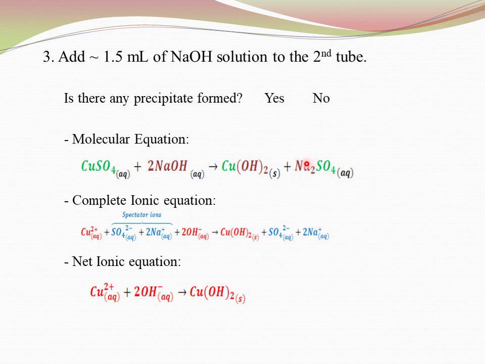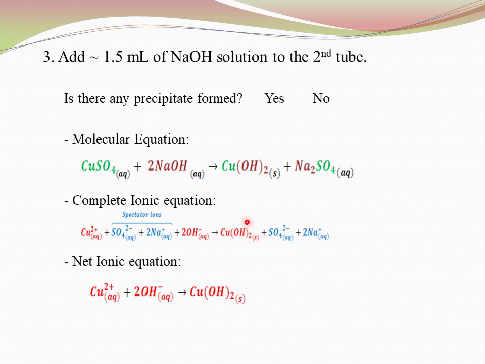I have 2 sodium, so 2 Na plus and 2 hydroxide, 2 OH minus, aqueous. Produce copper hydroxide, an insoluble solid, so write it as it is, solid, plus sodium and sulfate: 2 Na plus and 1 sulfate, SO4 2 minus, aqueous. So in this reaction I have a precipitate, which is copper hydroxide.